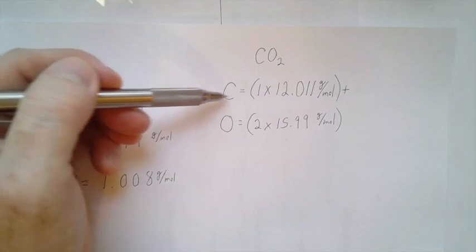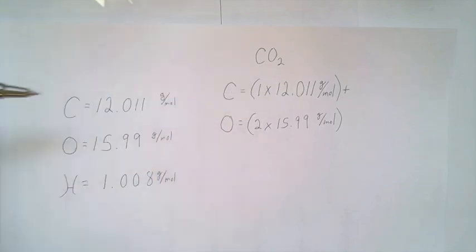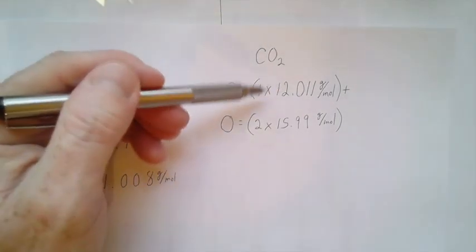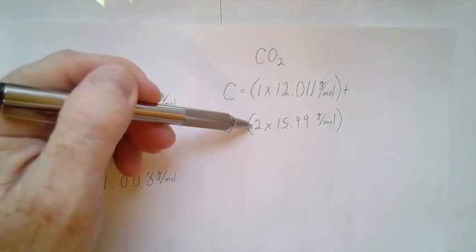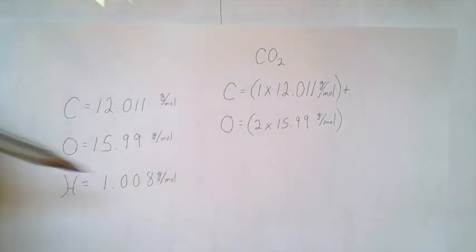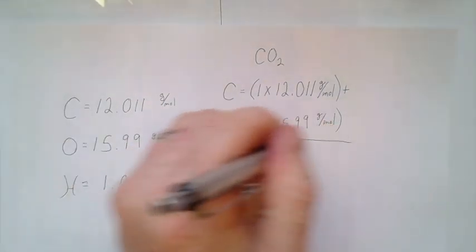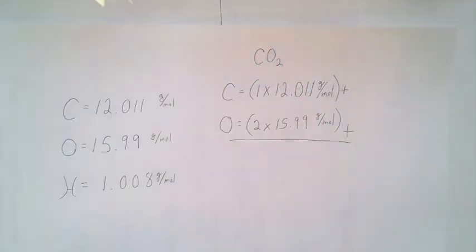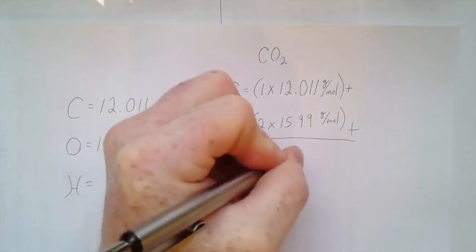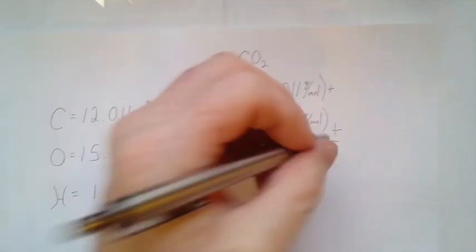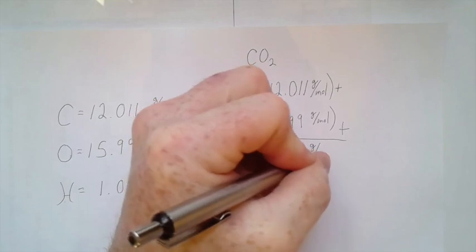There's 1 carbon, so I do 1 times its molar mass. Then I'm going to add that to oxygen. There are 2 of them times its molar mass. When you add that up, you're going to get 43.991. That's grams per mole.